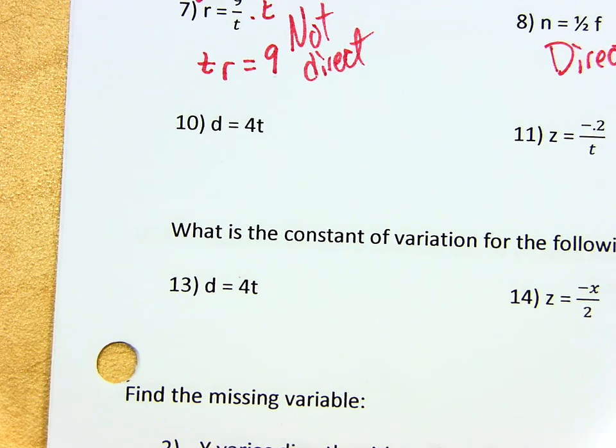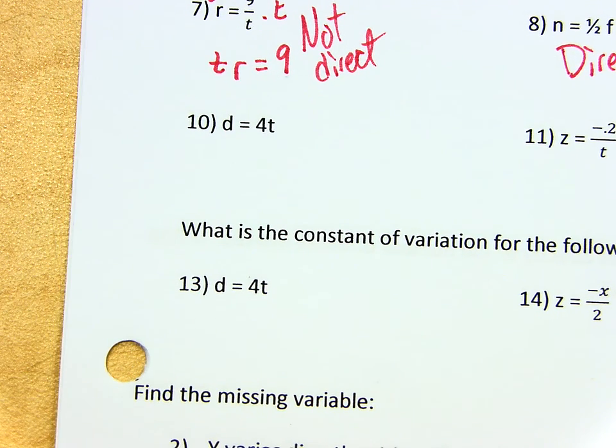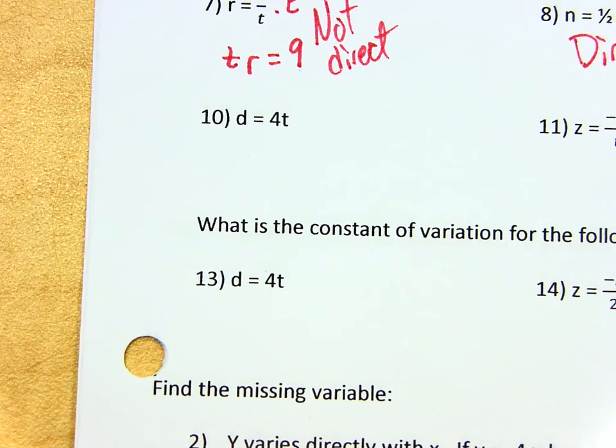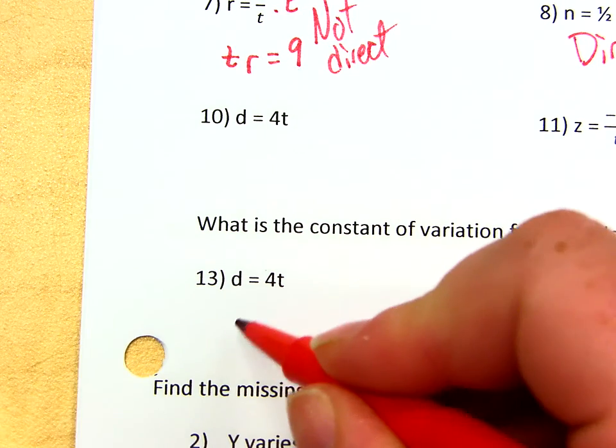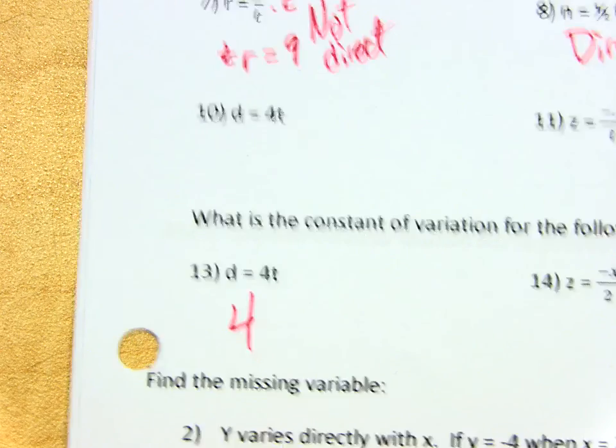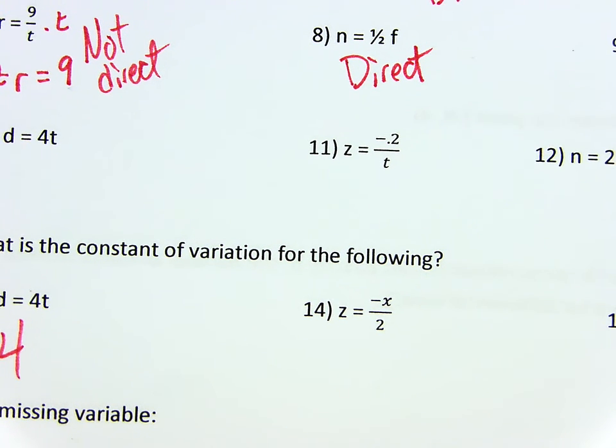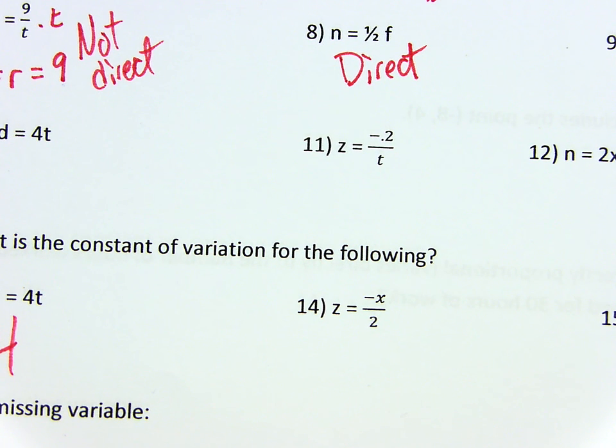Okay. So now you try the last one. Then what is the constant of variation? You're close, but a little more.